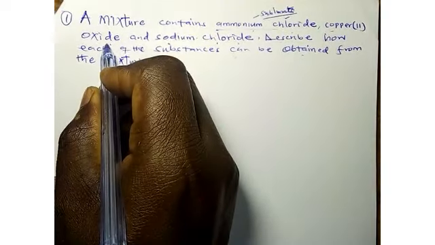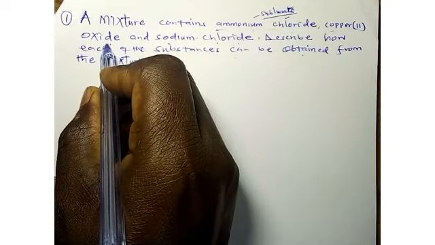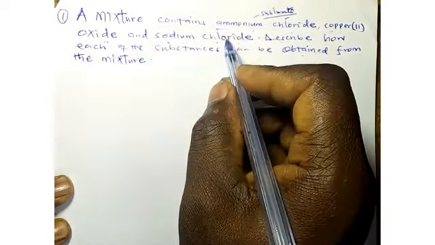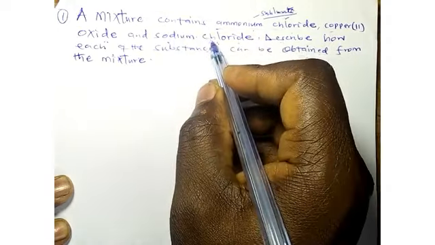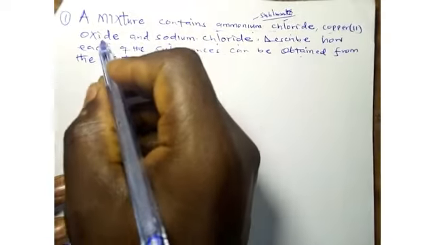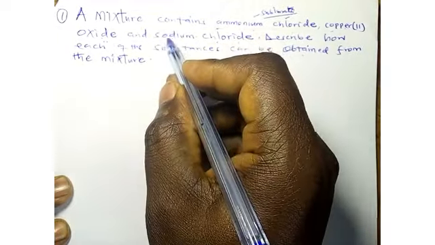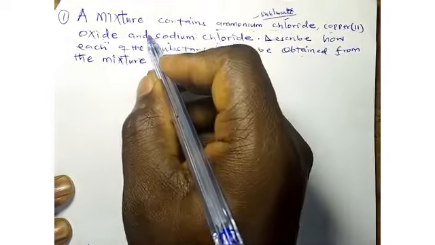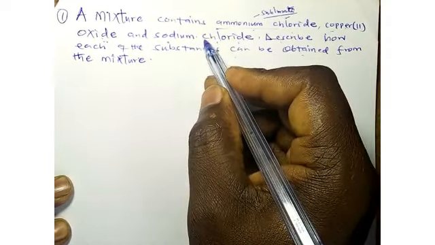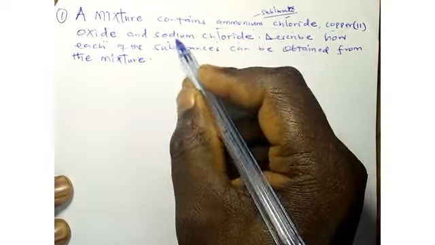It will remain insoluble. The next thing now, how will we separate the two? We will filter. After that, this one will remain as a residue, and this one will be collected as a filtrate. And then this filtrate, to obtain sodium chloride crystals, we need to evaporate.